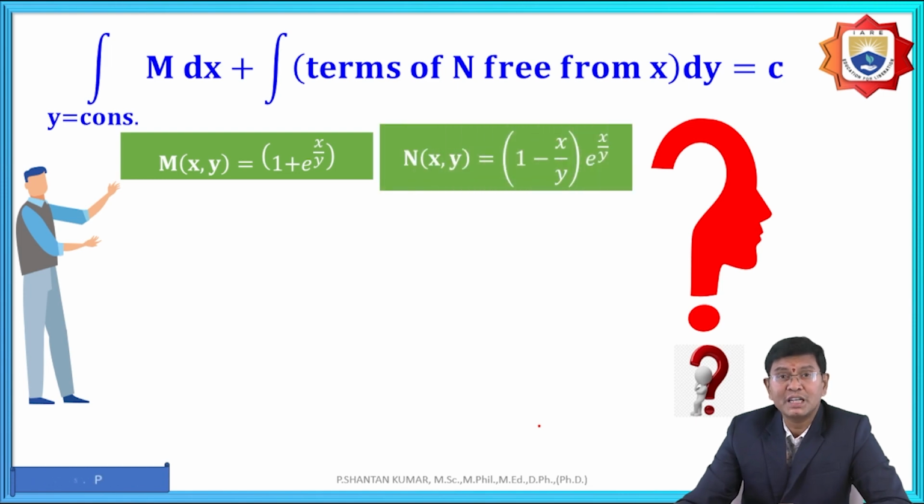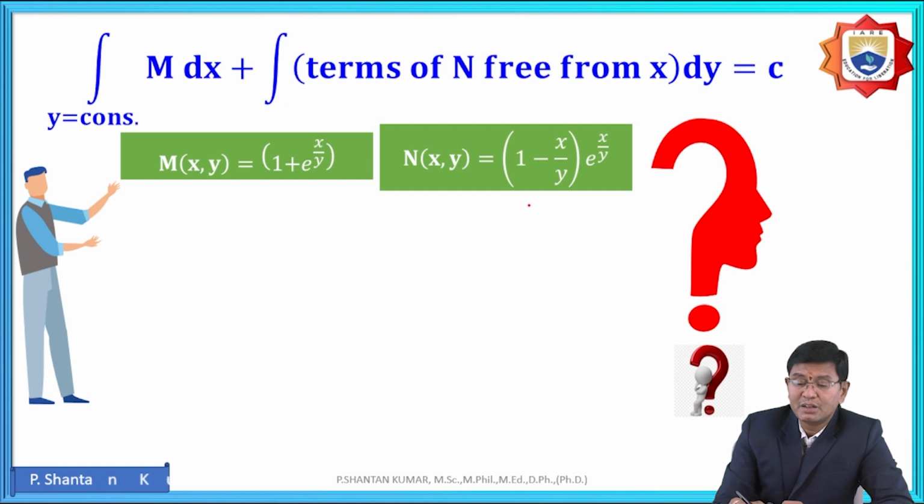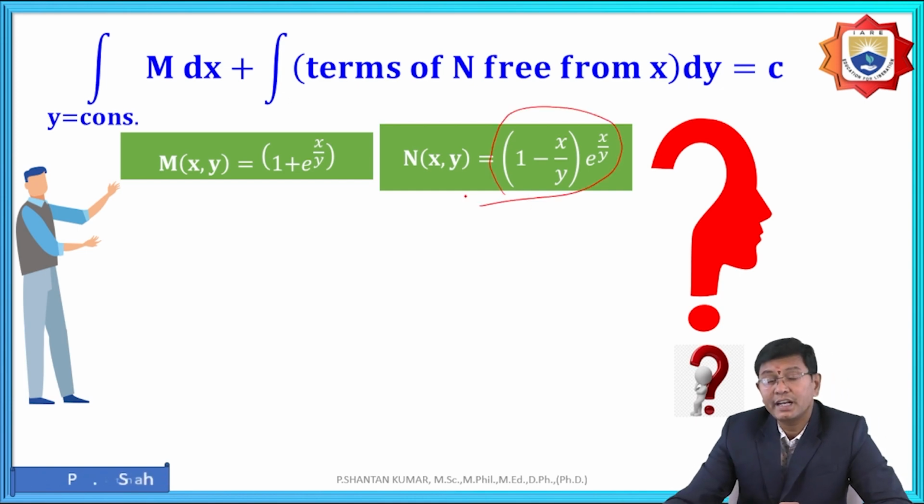M is a function and N is a function, and here the entire function is multiplied with x, so N free from x is nothing but, we totally need to avoid this. This is the terminology: N should not contain any x.